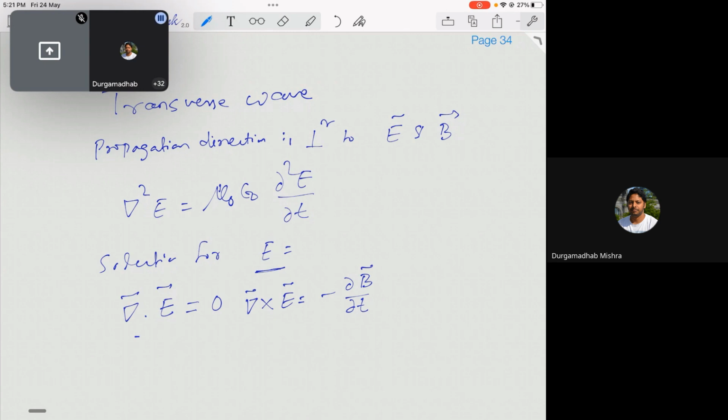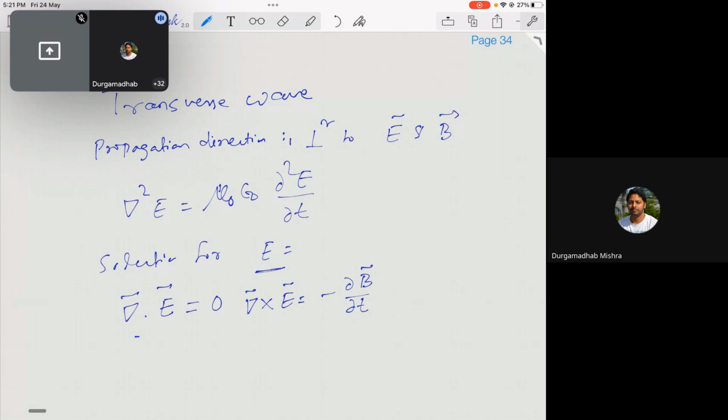Momentum, of course, we cannot really feel, but we know that this electric and magnetic field can apply a force on any charged particle. We know this force is always the rate of change of momentum.